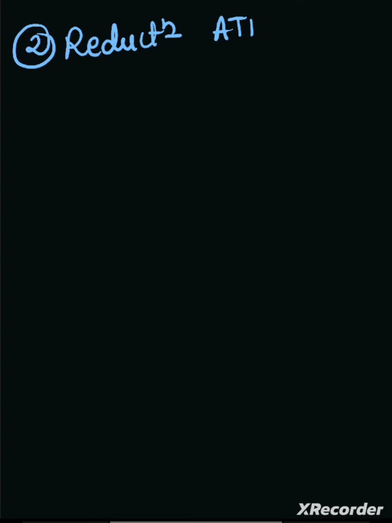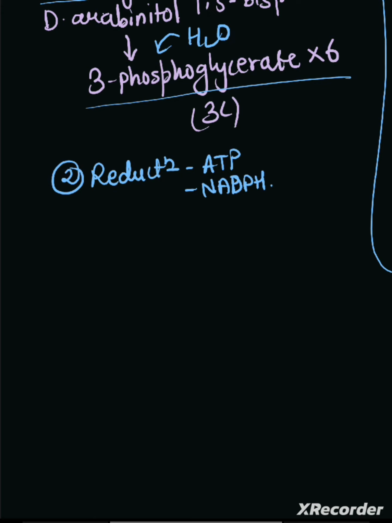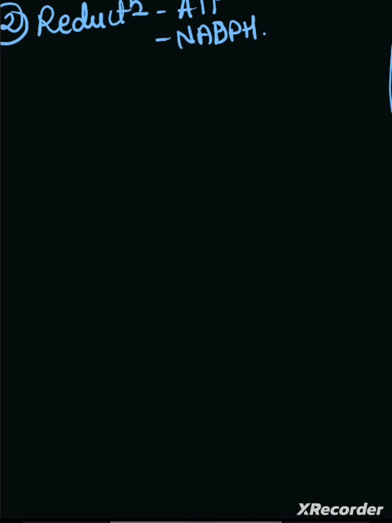Now in the reduction phase, which is the second phase, what do you think will be happening? In the reduction phase, we are actually using those ATPs and NADPH. Now in the reduction, you remember what was the product here? 3-phosphoglycerate, and like that we had 6 molecules.